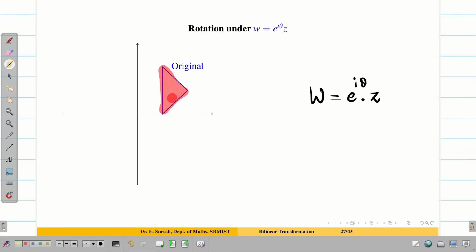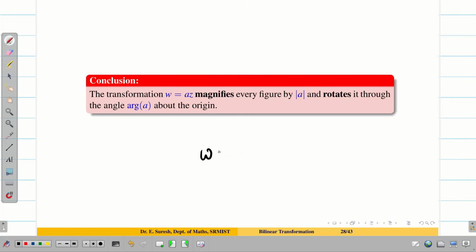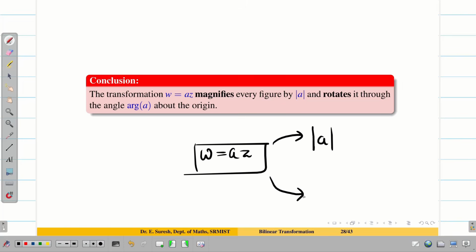It is going to be rotated by some angle, and very important, the shape is preserved. The shape will not change, only it is rotated. The angle is going to be changed here. Therefore, the transformation W = AZ magnifies every figure by modulus of A and rotates it through the angle arg A.